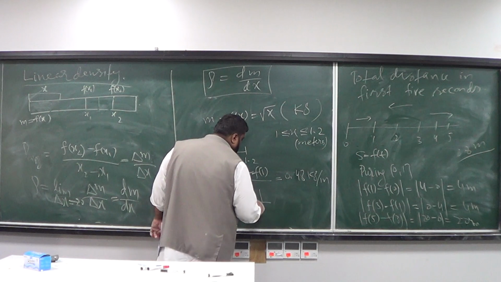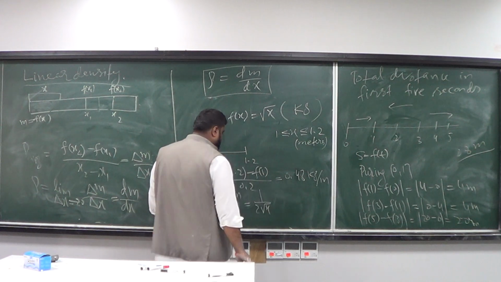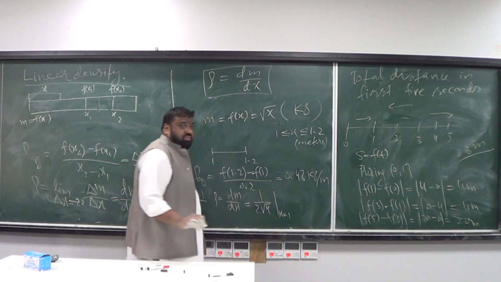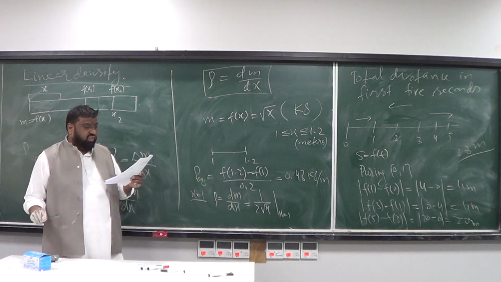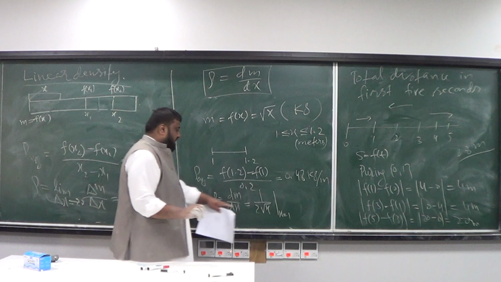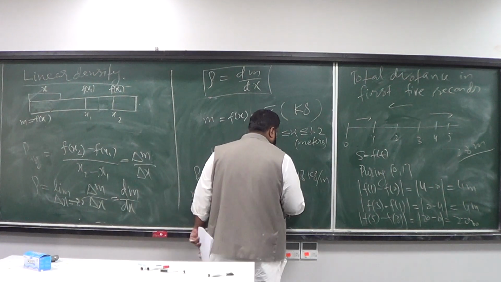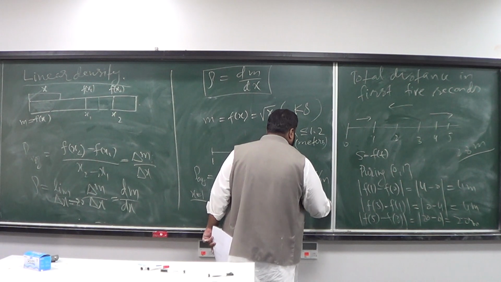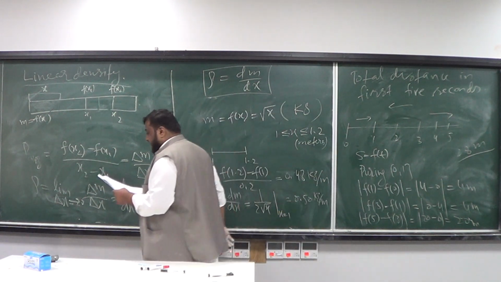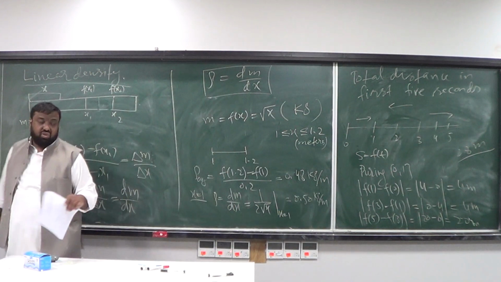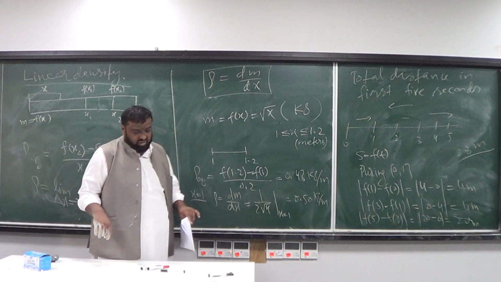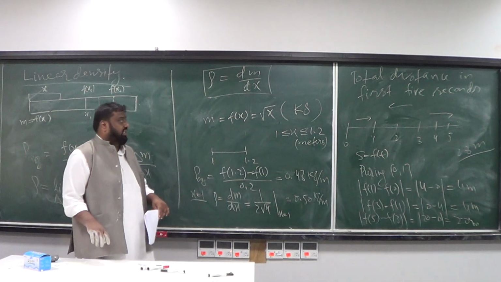It's going to be 1 over 2 square root of x, and then substitute x equal to 1. You're going to get 0.50 kilogram per meter, which is really close to the average density.